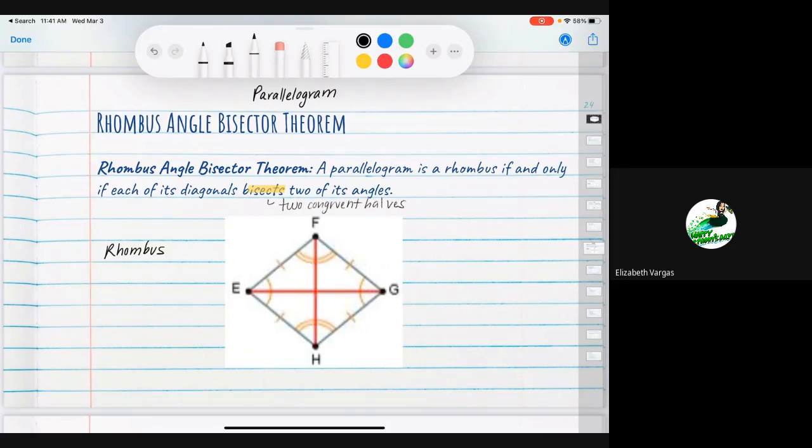So for example, if E originally was 30 degrees, when it is bisected by the diagonal, it would create 15 and 15, because those 2 halves would be congruent, okay? So that's basically a classification for being able to differentiate a parallelogram as a rhombus.